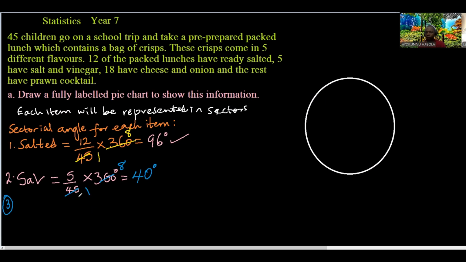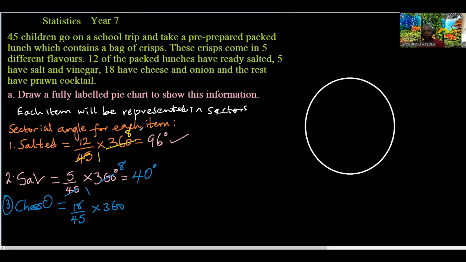Okay, well, that means we're looking for 4 angles because some flavors were combined together, okay? So the 18 is cheese and onion. So let's call this cheese onion. With this, we have 18. So we have 18 over 45 times 360.